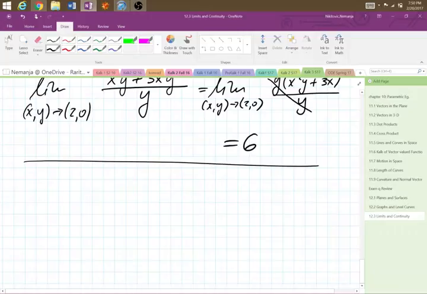Now when they cancel, what's left? 1 over x minus 5. Still a problem. So this one will graph that way: this is a vertical asymptote, and the other is an open circle. Same over there, we got 6. So you have (2, 0, 6), open circle.